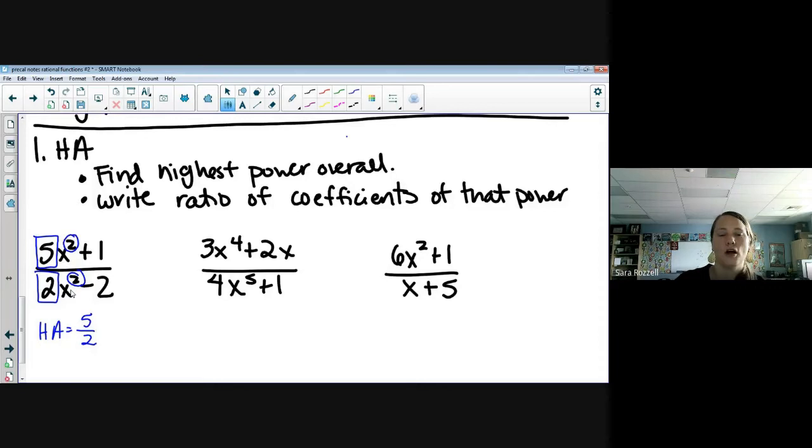All right, in our second one, what's our highest power that we see? The 5. Okay. Is there a 5 on the top? No, so I'm going to write in the front that I've got 0x to the 5th on the top because I'm looking for my highest power. I need to have one from the top and one from the bottom. So I have 0 on top and 4 on the bottom.